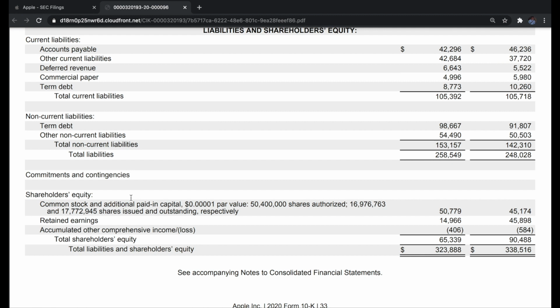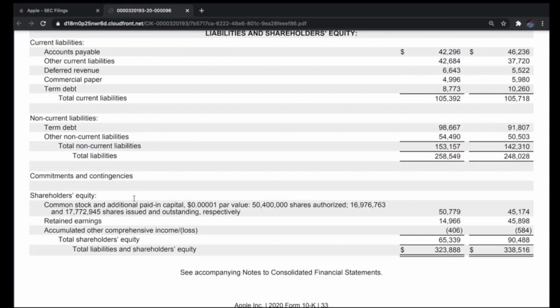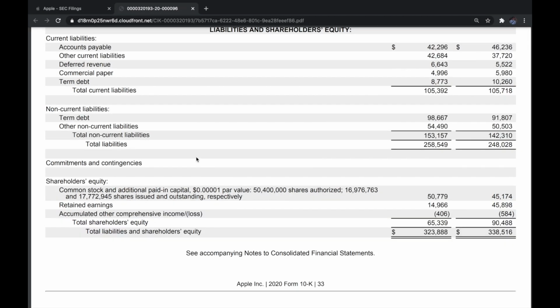However, if there is a high probability that our side is actually guilty and we will have to pay an approximate or measurable amount of penalty, then we will show the amount on the balance sheet. If there is a really low probability that we lose the case, then we just disclose it in the notes of financial statements with the details.